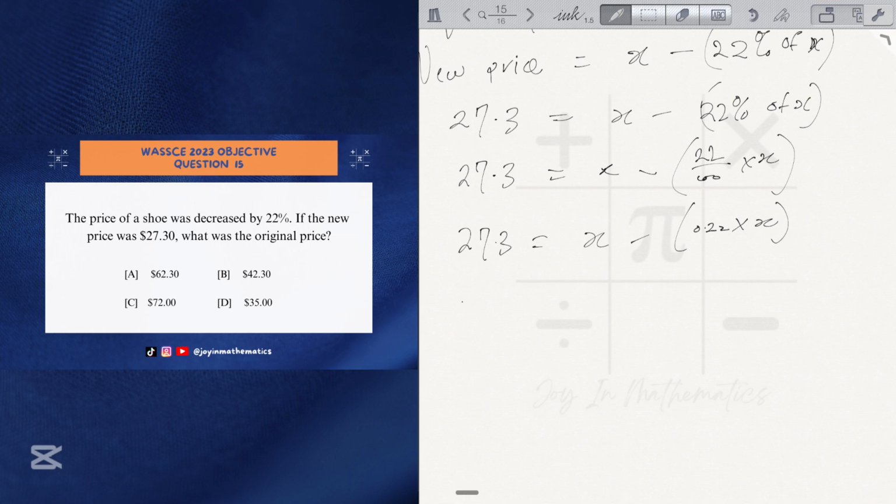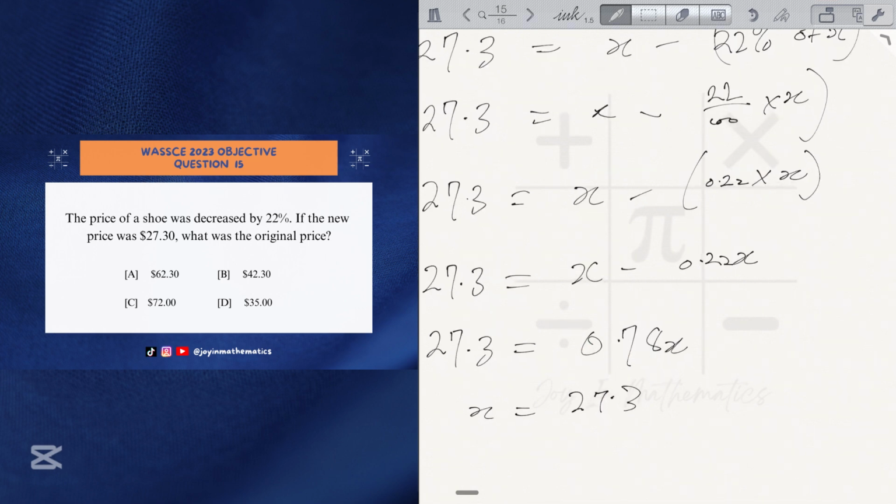So we have 27.3 equals x minus 0.22x. x minus 0.22x will give us 0.78x. So we can easily find the value of x when we divide both sides by 0.78. That's 27.3 divided by 0.78.